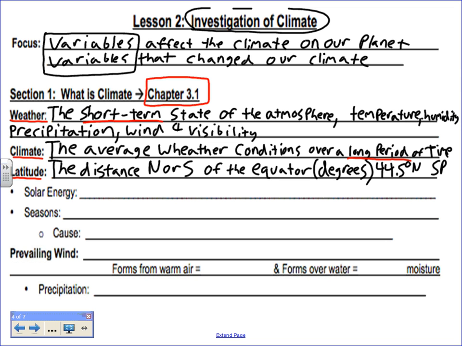All right? And now, when looking at latitude, we have to look at solar energy. Okay? Solar energy is the energy our planet gets from the sun.